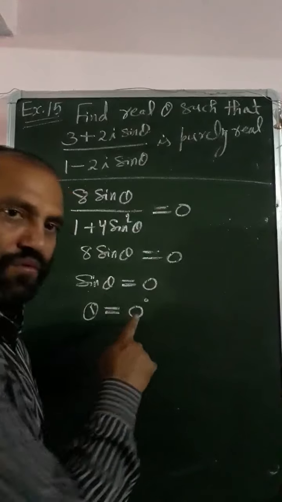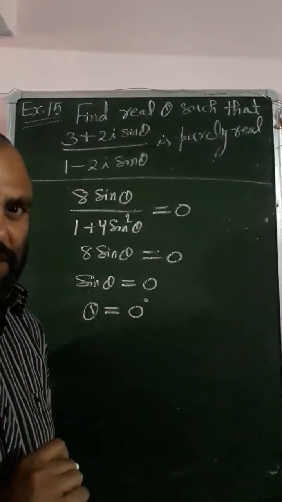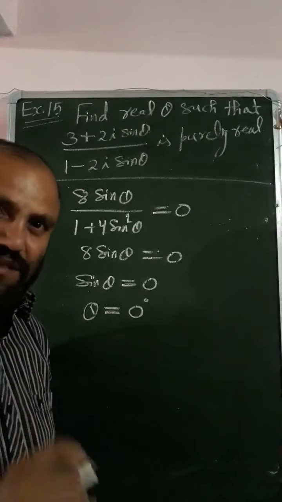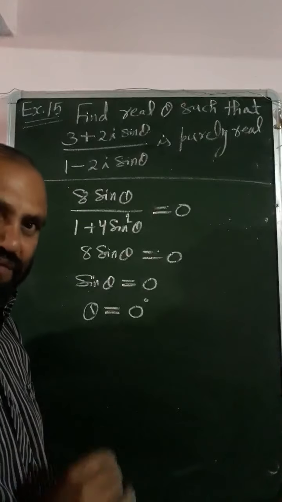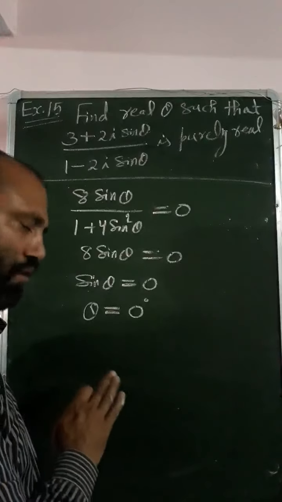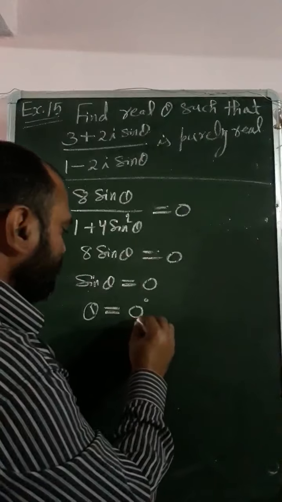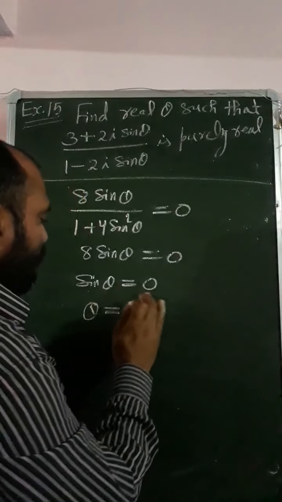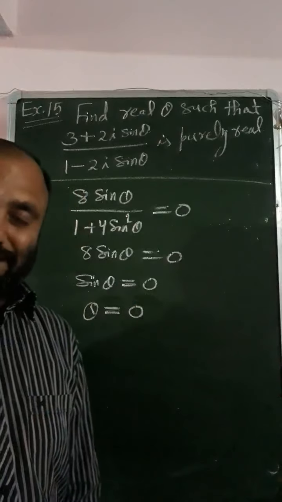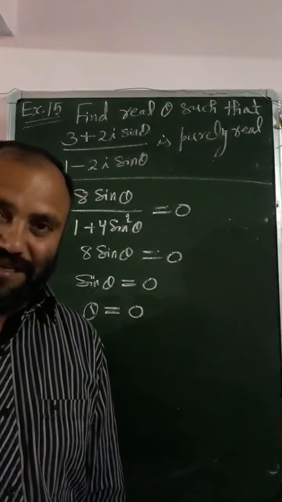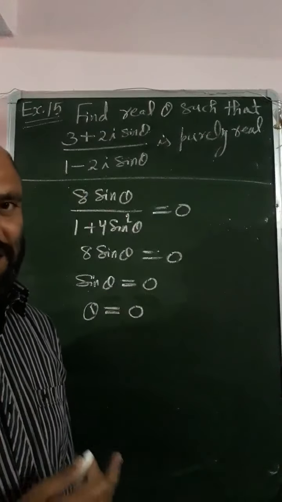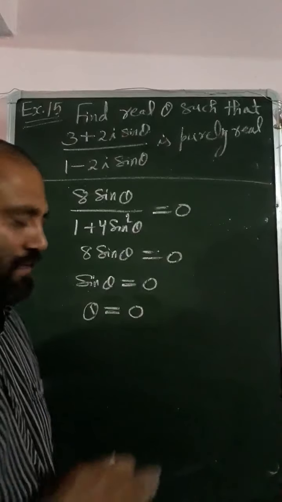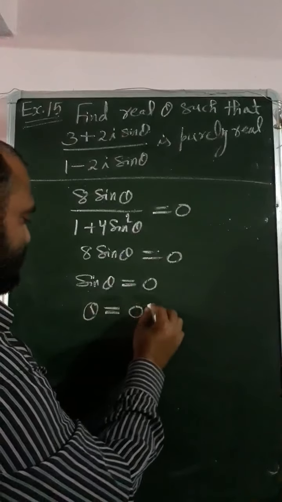Its value is 0 at 180 also, at 360 also, right? At 540 also it is 0. So I am taking only one value, that is 0. When we discuss that in the third chapter, you can understand that topic, right? So its answer is 0.